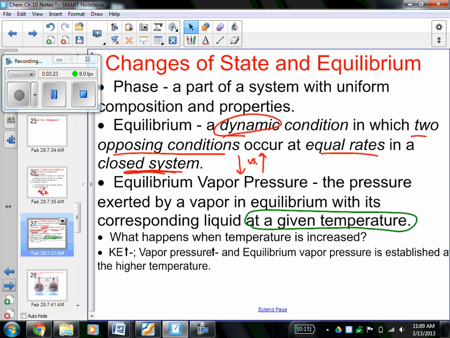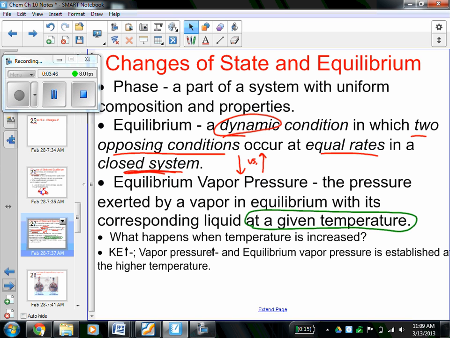In other words, initially, we're going to have a lot of evaporation, and over time, the two opposing forces of evaporation and condensation will be in equilibrium. They're happening at equal rates. And lastly, this sets up this equilibrium vapor pressure. So there's gas above the liquid.